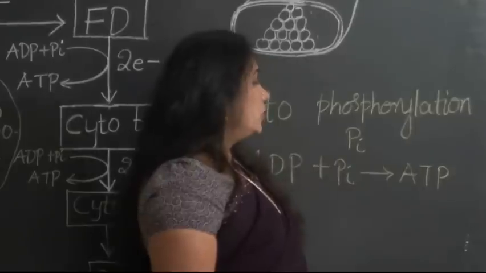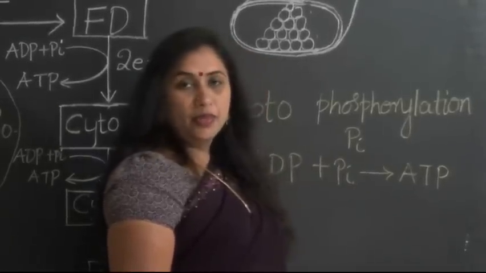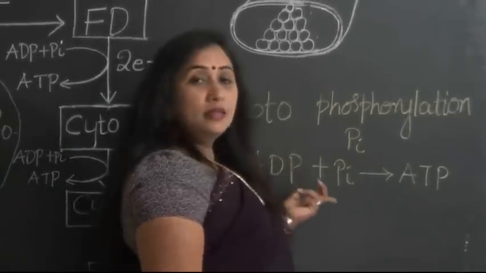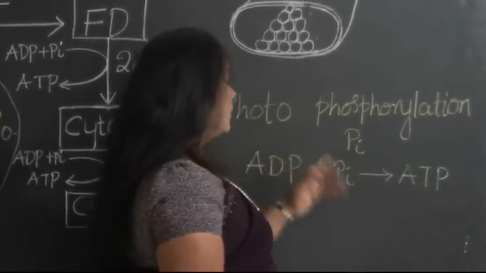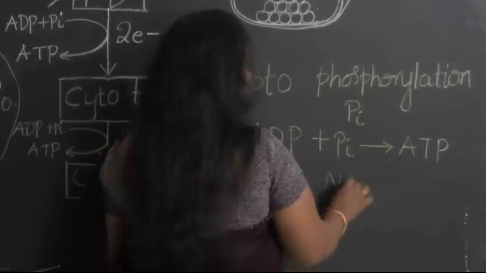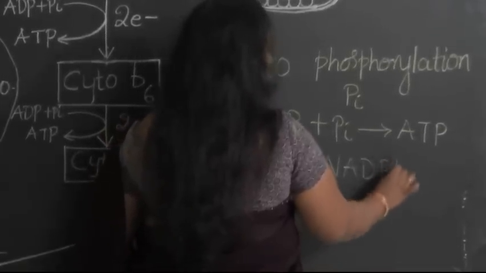Adenosine triphosphate, energy rich molecule. So what happens during light reaction is they synthesize adenosine triphosphate as well as another energy rich molecule, namely NADPH2.